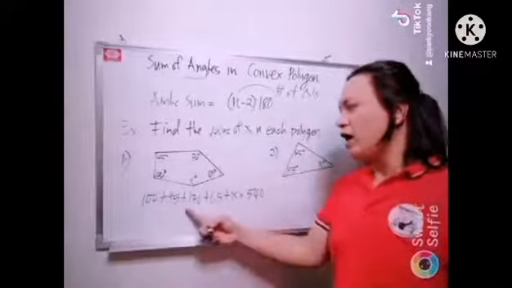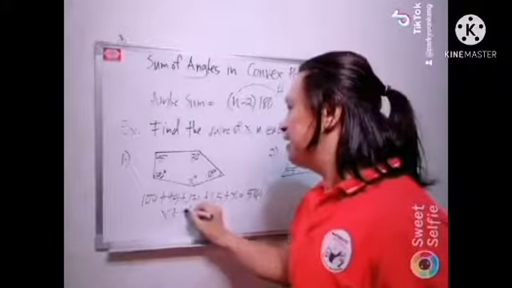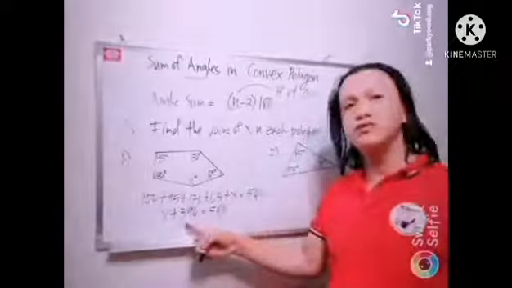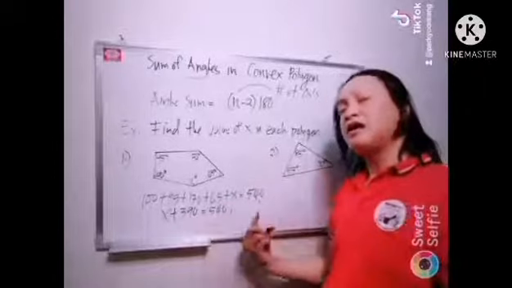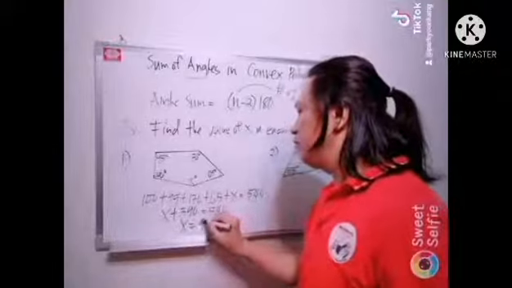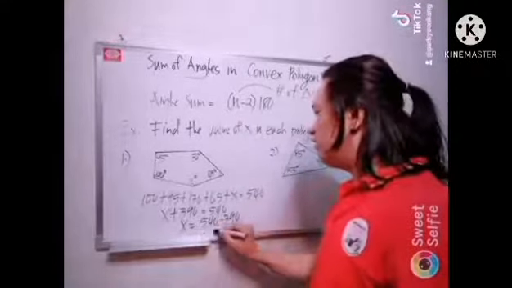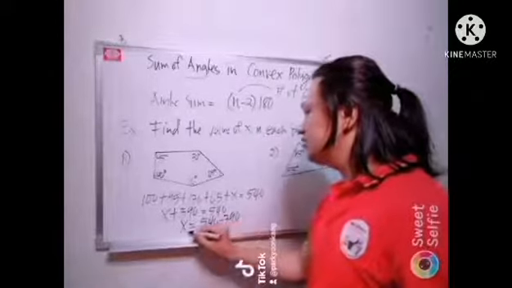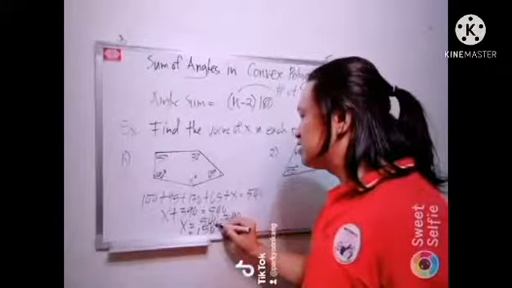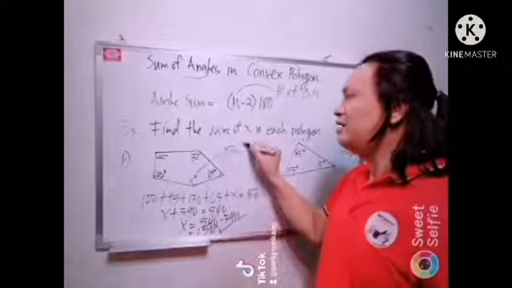If you add all the constant terms, x plus 390 equals 540. Then you can transpose the 390 to the right side of the equation. That will become minus, kaya magiging x equals 540 minus 390. The value of x is 150 degrees. So ito ngayon yung missing angle natin. This is now 150 degrees.